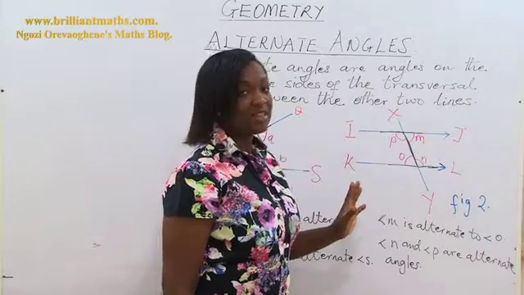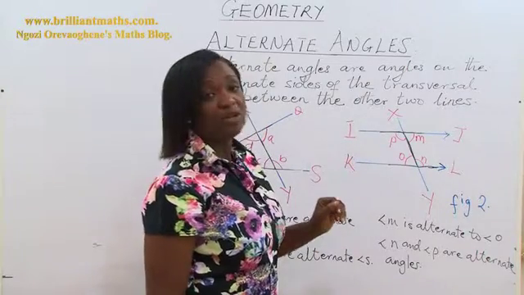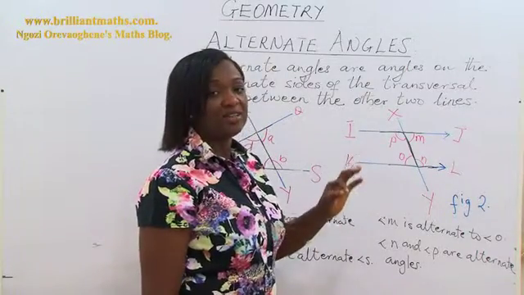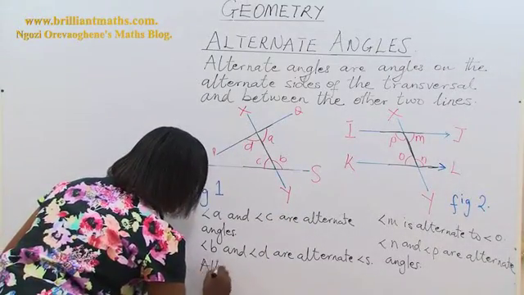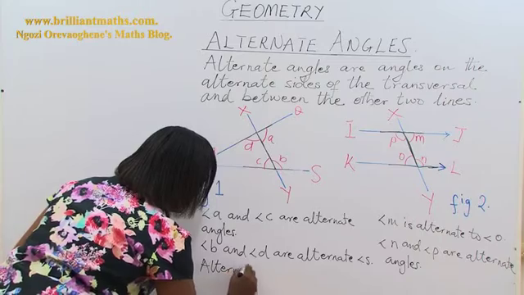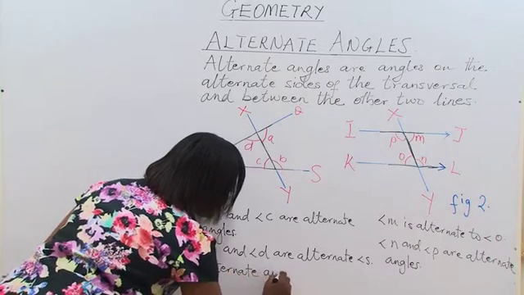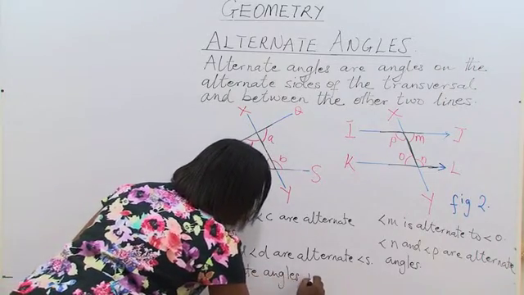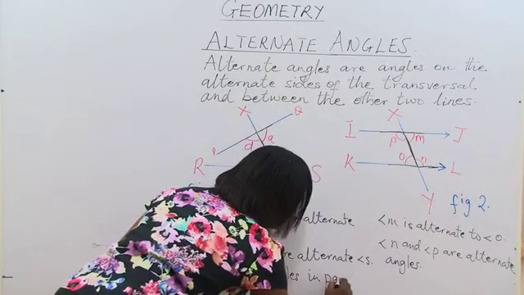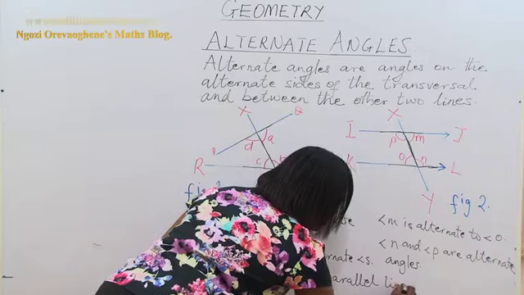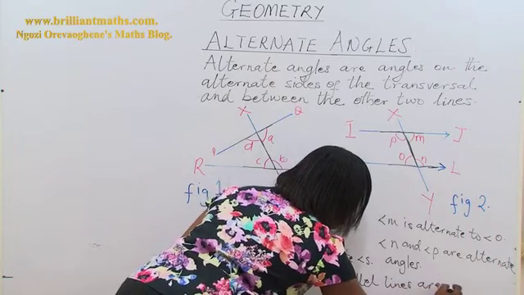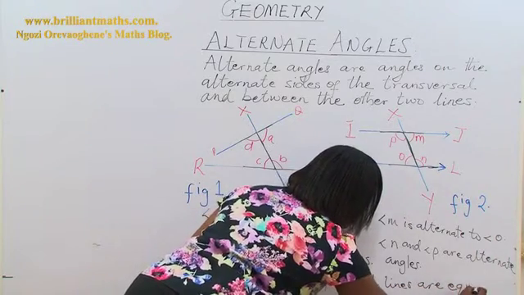So we can say that alternate angles in parallel lines are equal.